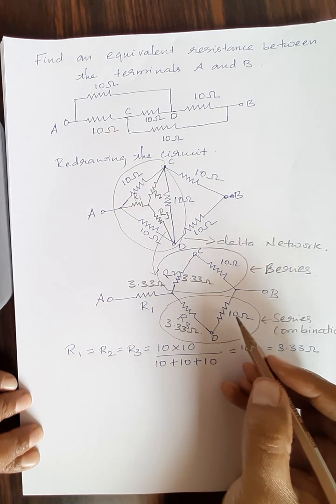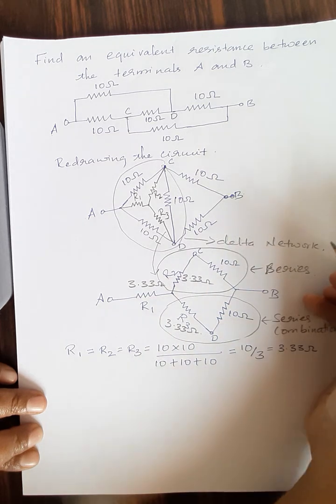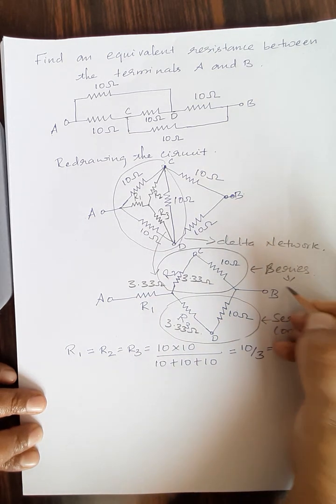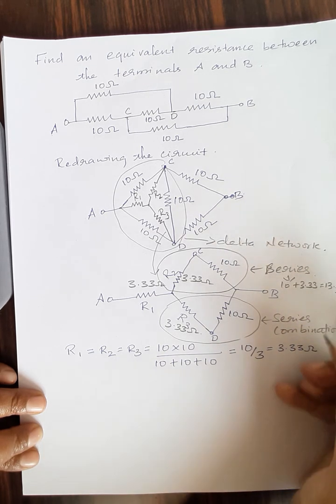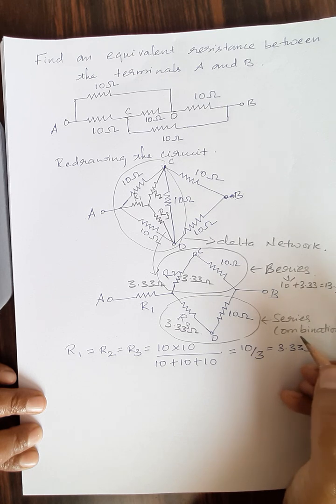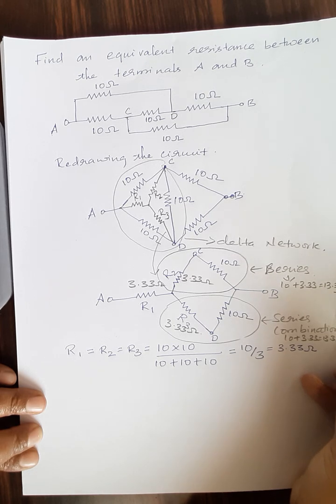Now you need to add 10 plus 3.33, which is equal to 13.33 ohms. And here also the series combination 10 plus 3.33 is equal to 13.33 ohms.